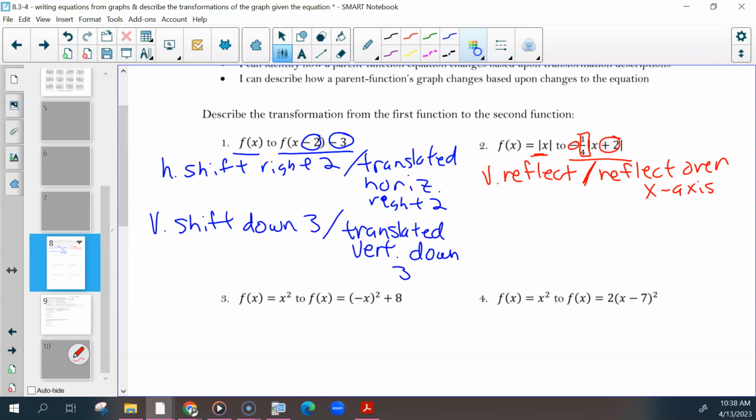And then Elijah said compression, so it was a vertical compression. Vertical compress by 1/4. The longer way to say that is compressed vertically by a scale of 1/4.